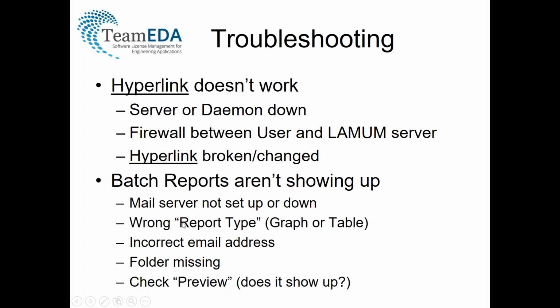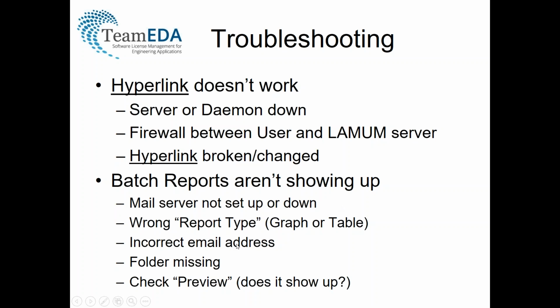If for some reason somebody edited the report type, which is either graph or table. Let's say you set it up as a graph, but somebody inadvertently changed it to table. It won't show up. A graph has to have a graph report type, and table has to have table report type set up based on that information.